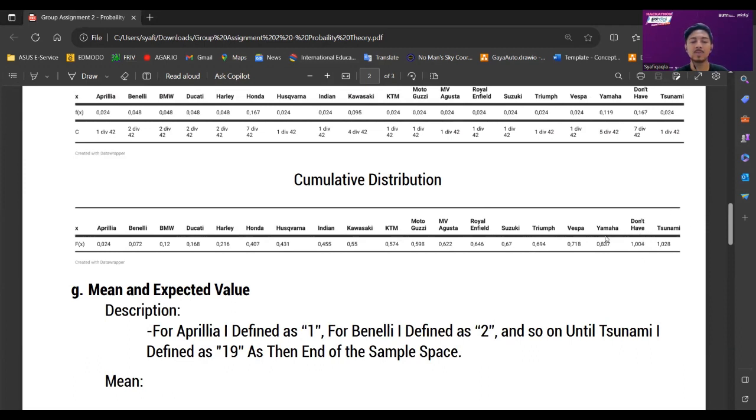Why is it not 1? Because in the process we are rounding the results. So the result will be 0.7702, so you need to round it. So we get this value.